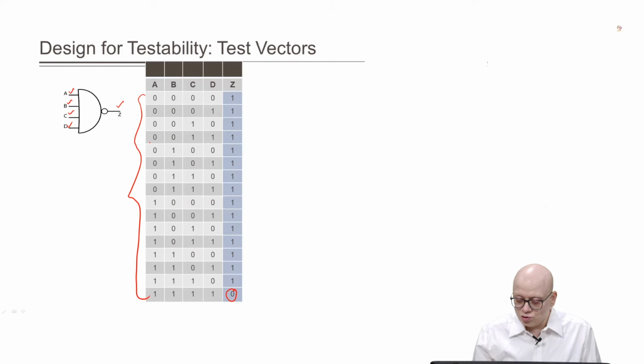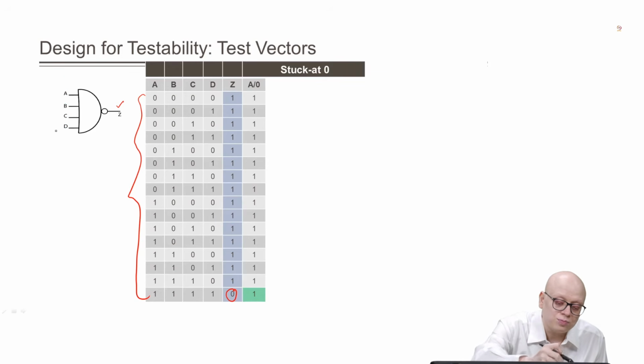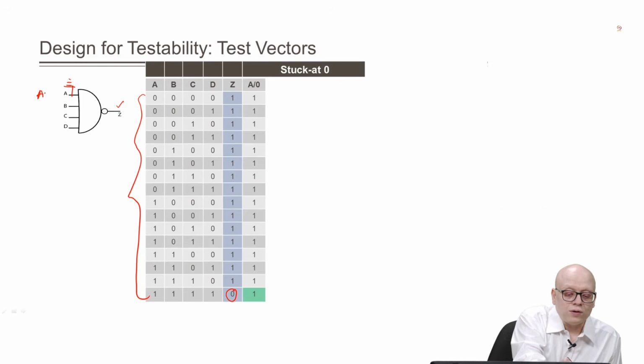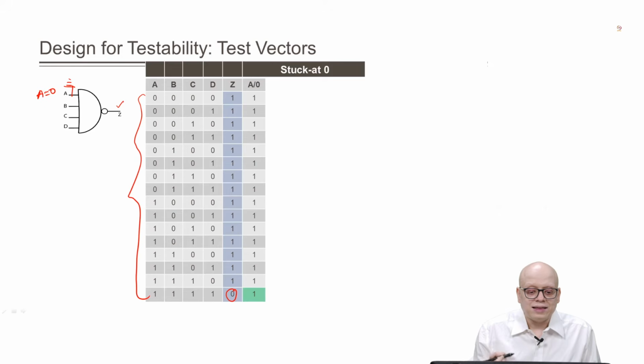Now, let us assume that in our circuit a stuck at 0 fault occurs at this point, this is stuck at 0, this is grounded. So, A becomes 0. Now, if A becomes 0, then what will be the value of Z? In that case, for all input combinations we will have the output as 1, right.